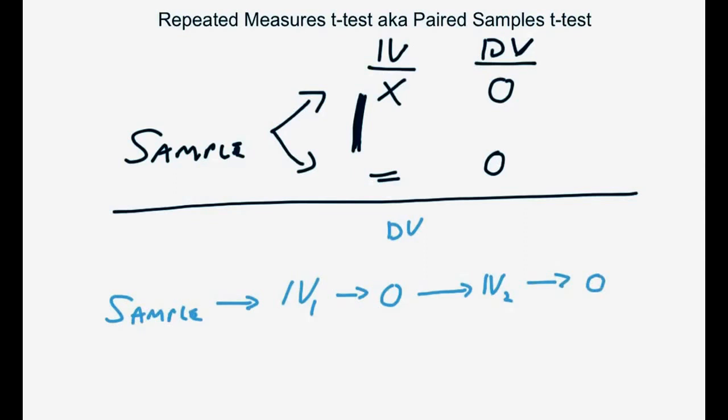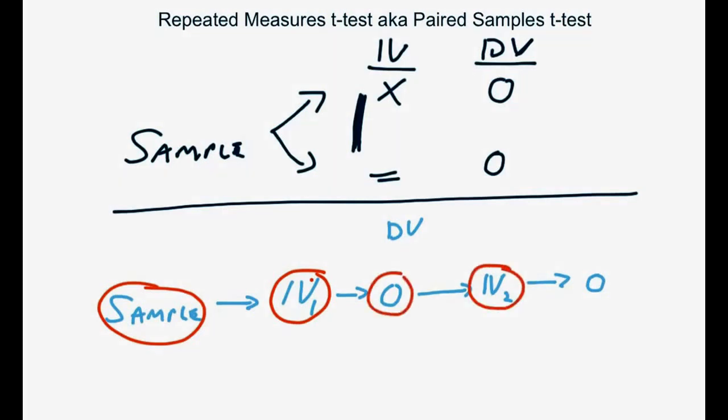So in this type of design, the same exact group of people received the one level of the IV and the other level of the IV, and you measured them twice. And that's what's called a repeated measures design. Repeated measures because obviously we are measuring the individual on the DV twice under the two conditions that we are examining. So let me give you an example of that.